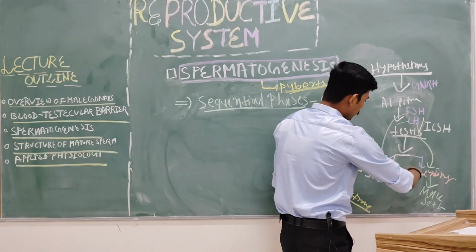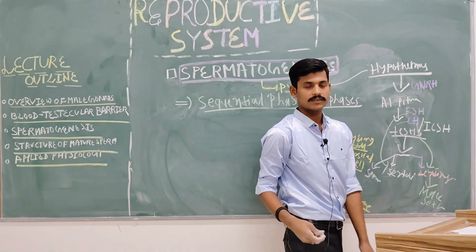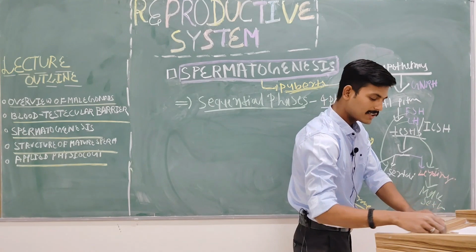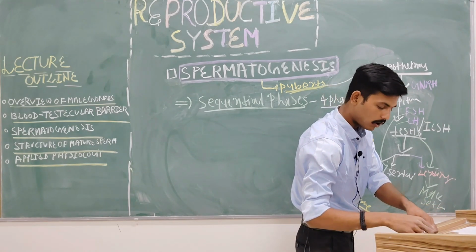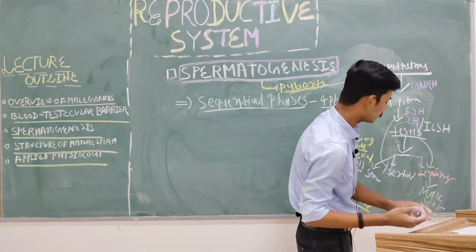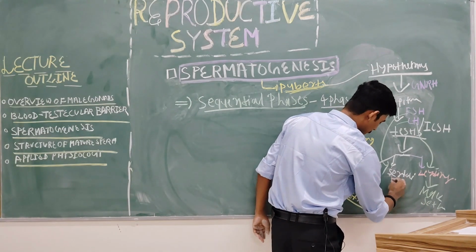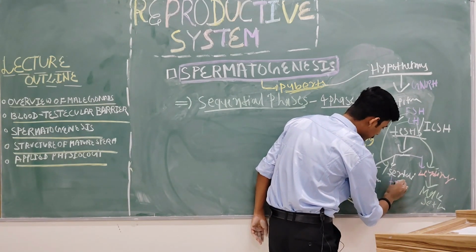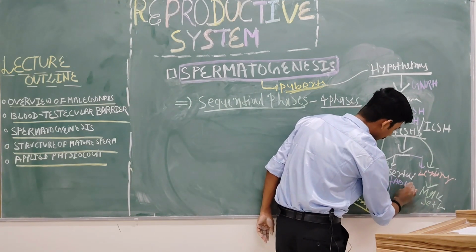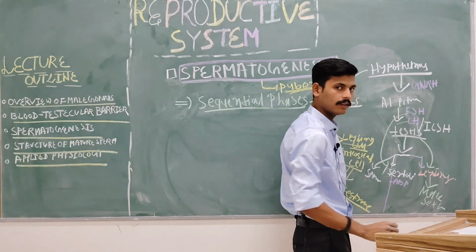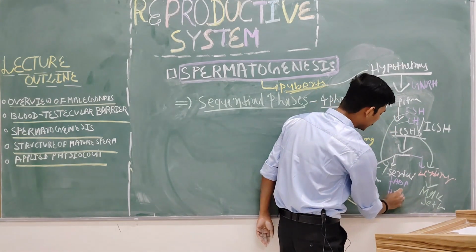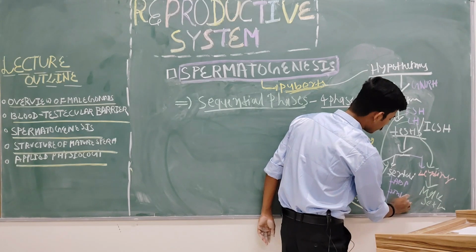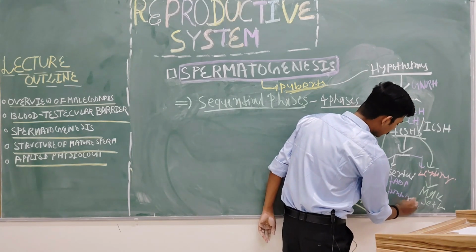Now, when it goes to the Sertoli cell, what does the Sertoli cell do? The Sertoli cell secretes so many various hormones. I will just write down two or three. One is called ABP, androgen binding protein. Another one is called inhibin.